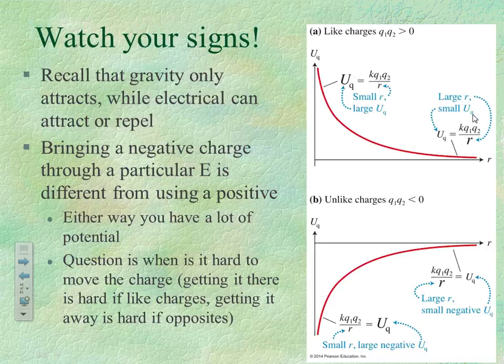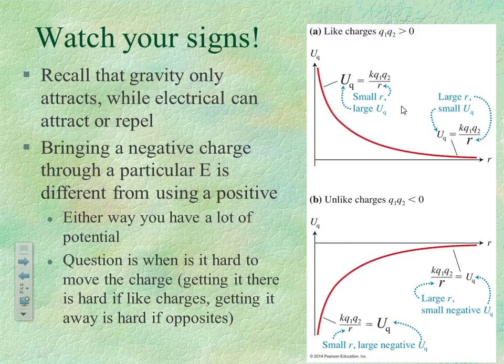If we have two like charges, it's going to require a positive amount of work for you to get these closer together. If you have unlike charges, remember they're going to be attracted to each other, so the tough part here is bringing them apart.